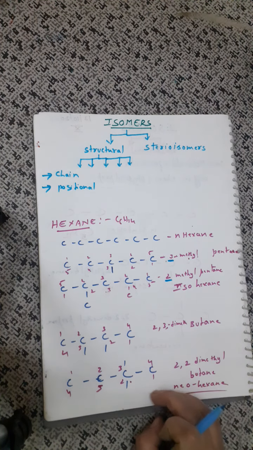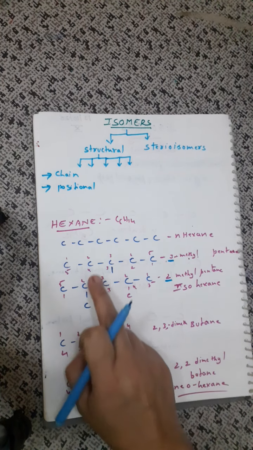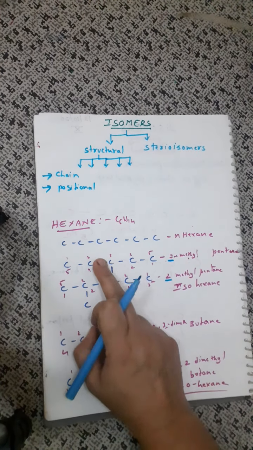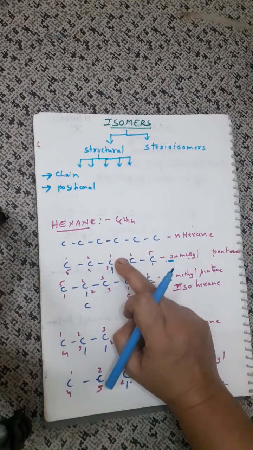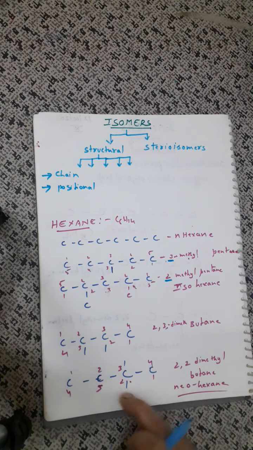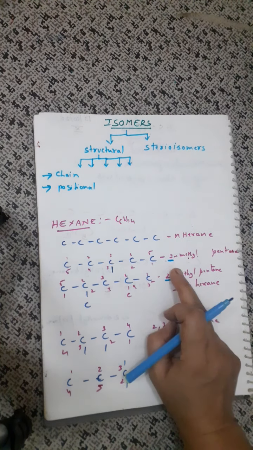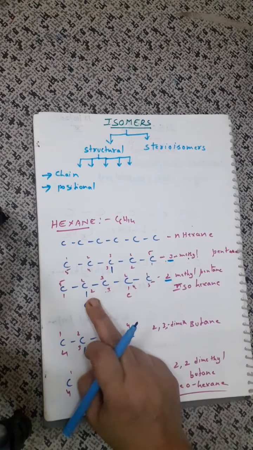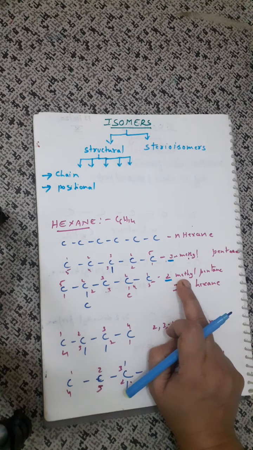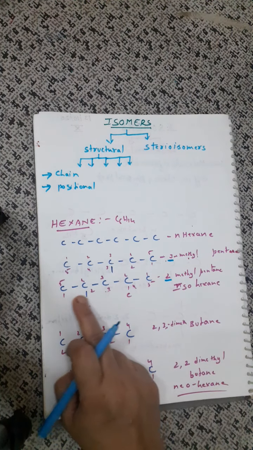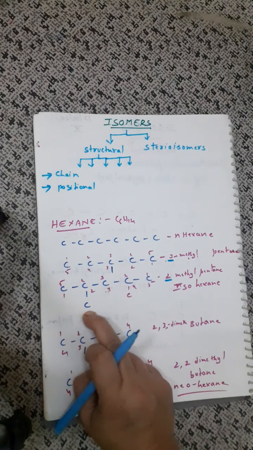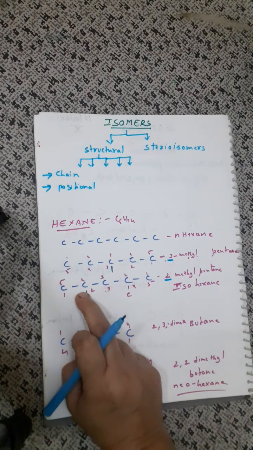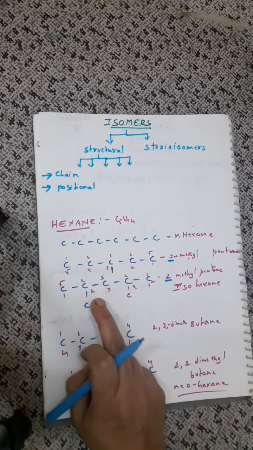Same is the case with the second with third, or second with fourth, or second with fifth. They differ in the position where the methyl group, or the substituent, has been attached. Why is this methyl a substituent? Because it is replacing hydrogen and then it has been attached, so it is called a substituent.